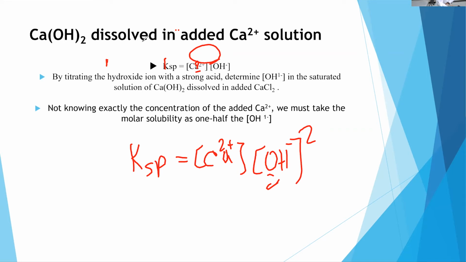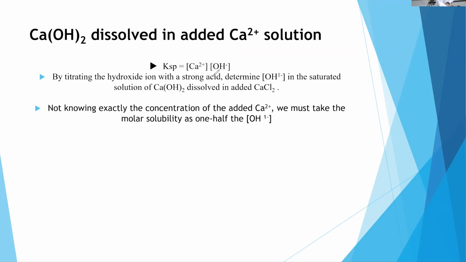Okay, here's what's going to happen. In this case, the formula still is the same. So for the solubility, when you get the concentration of hydroxide ion, you divide that by half and say that is the solubility. So molar solubility is 1/2 of the hydroxide.